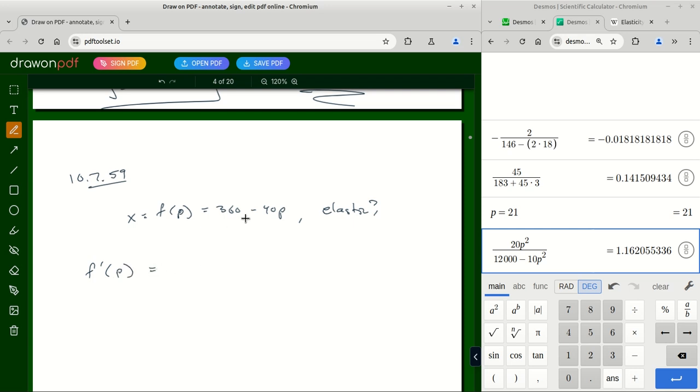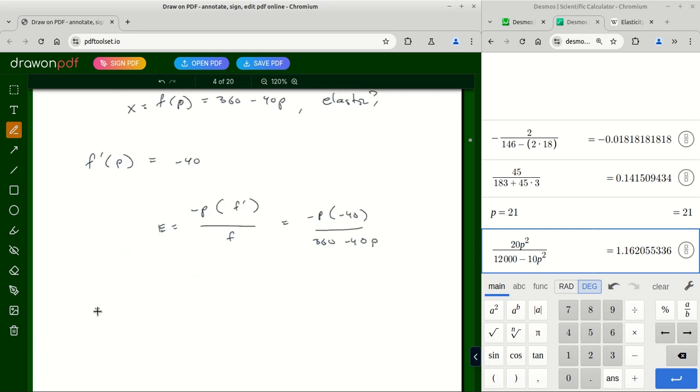Okay, so derivative, we always do the derivative anyway, so there you go. So negative p f prime over f. That's my elasticity. Plugging this in. So there's my formula again. Two negatives make a positive to make it a little bit nicer.